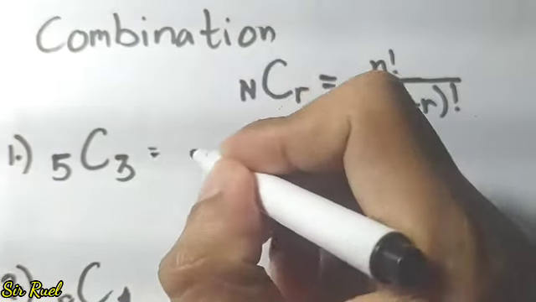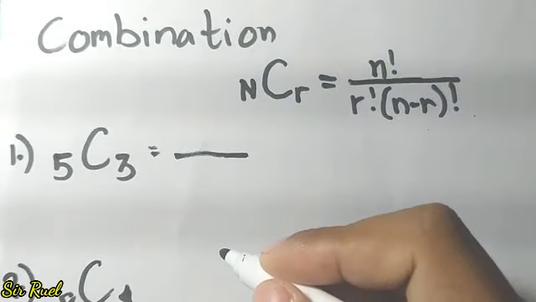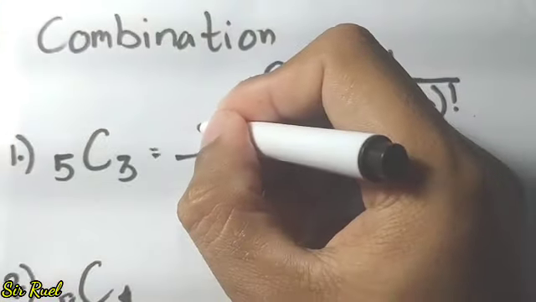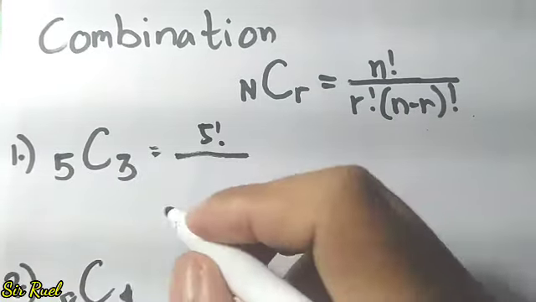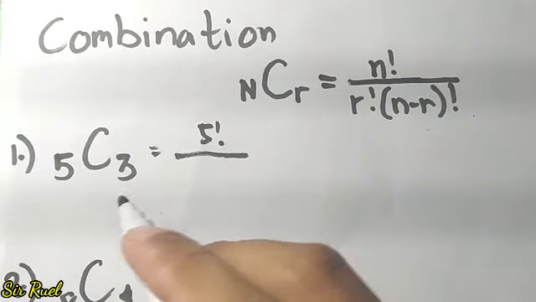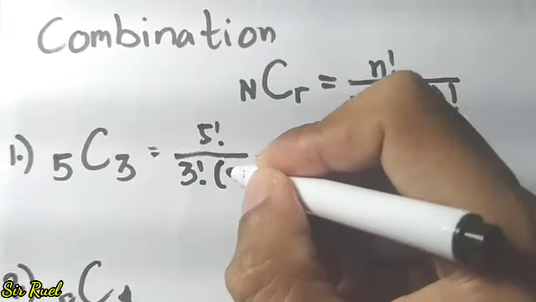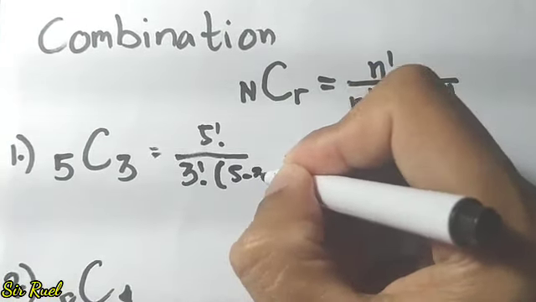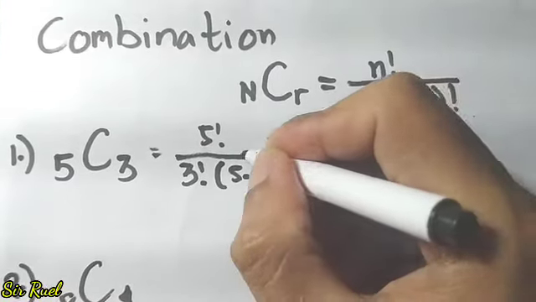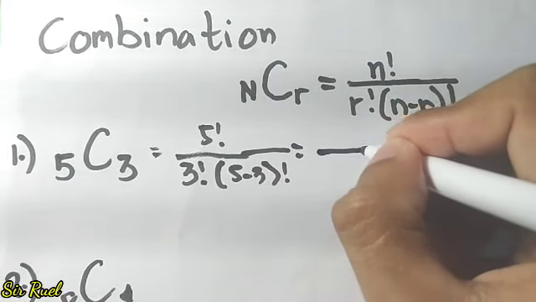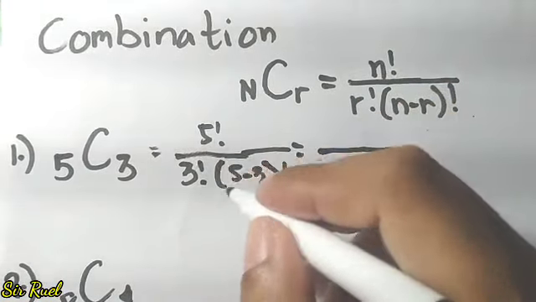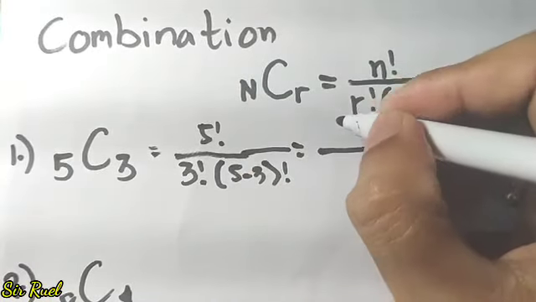5C3 is equal to 5 factorial over our r, which is 3, so 3 factorial times 5 minus 3 factorial. Let's start from the parentheses.